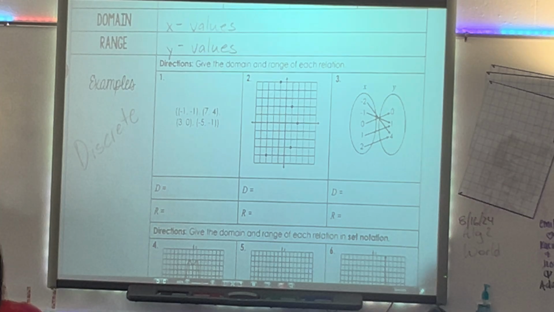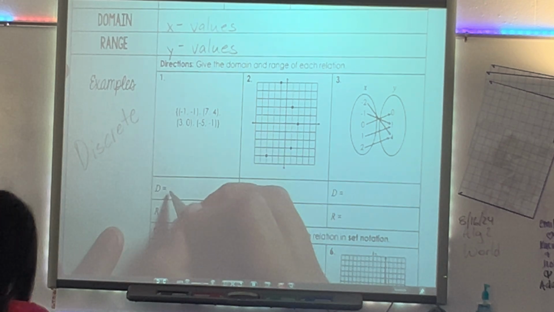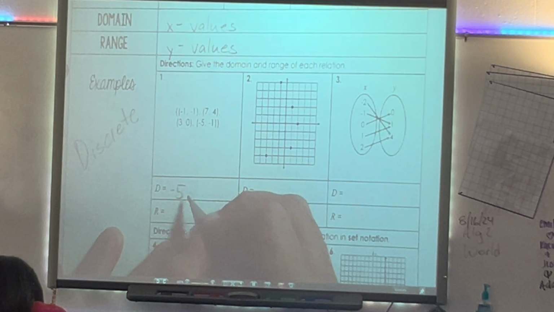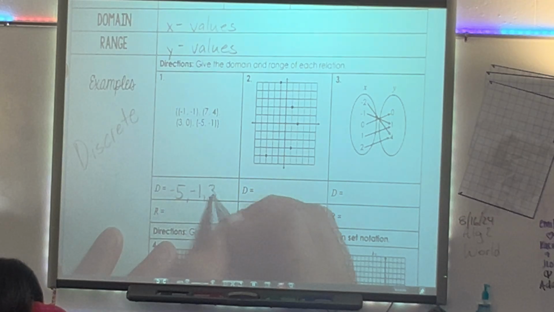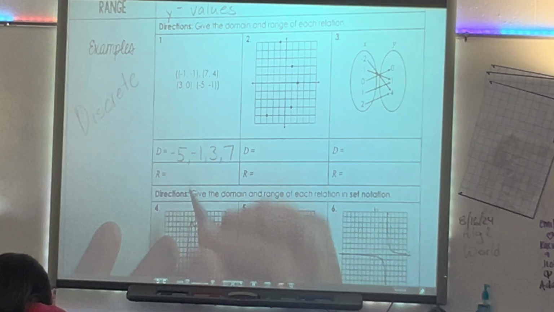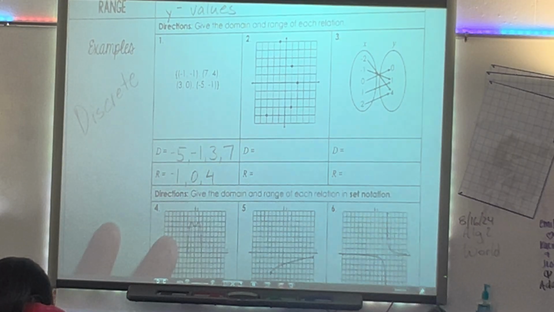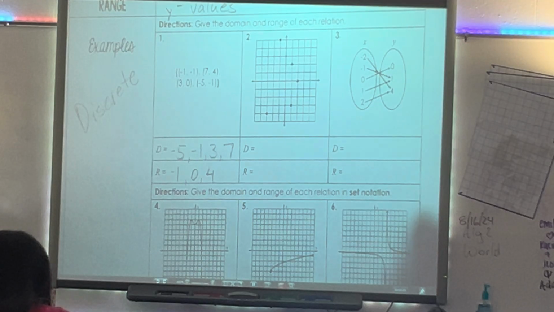It doesn't appear to represent anything. So if I write my domain here, I have -5, -1, 3, and 7, because we typically write them in order. The range then looks like -1, 0, and 4, because -1 shows up twice.